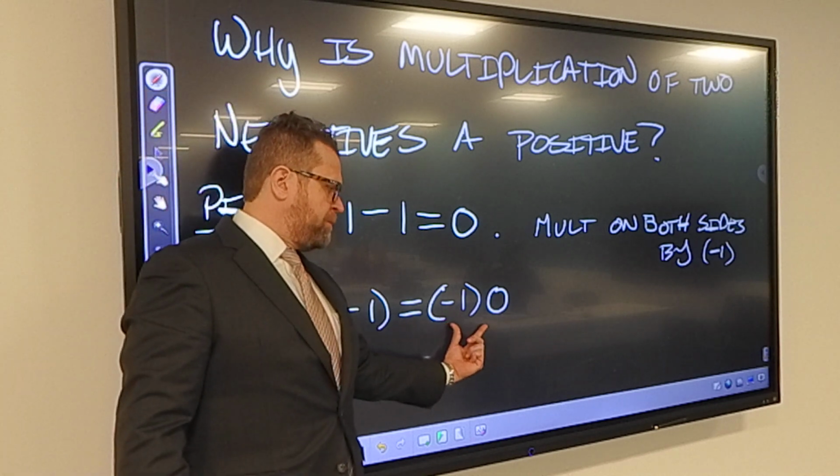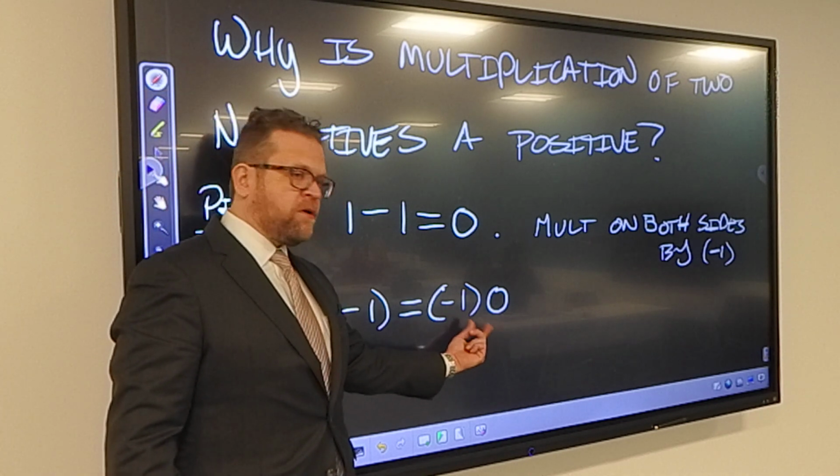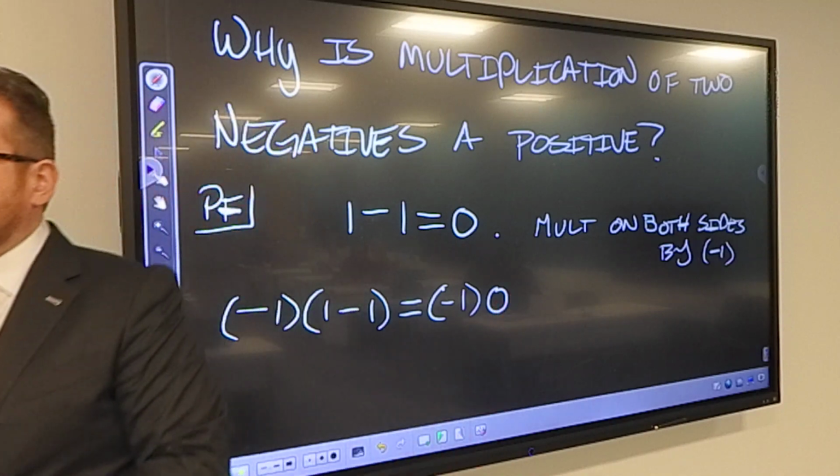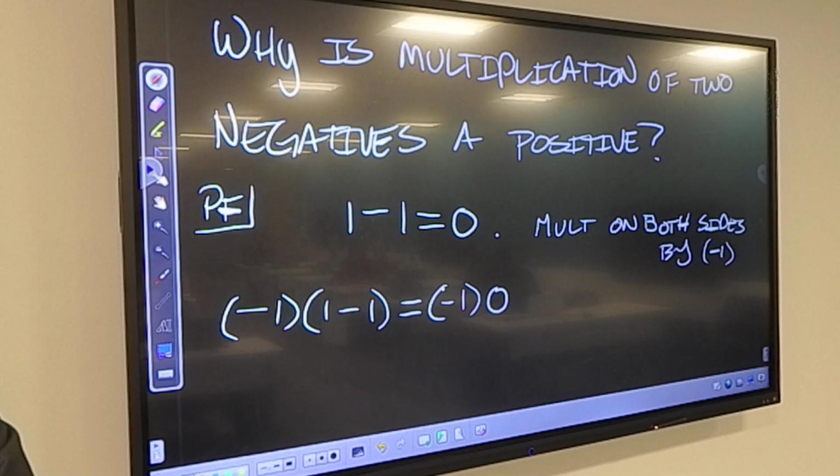Can we clean this part up? 0. So this is just still equal to 0. And now I need a famous property of the real numbers that surely everyone's heard of.